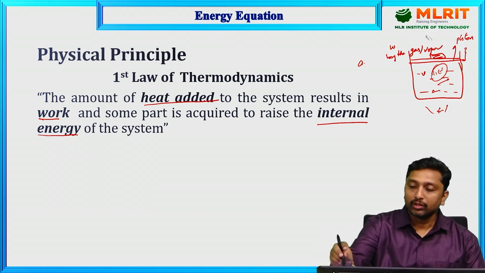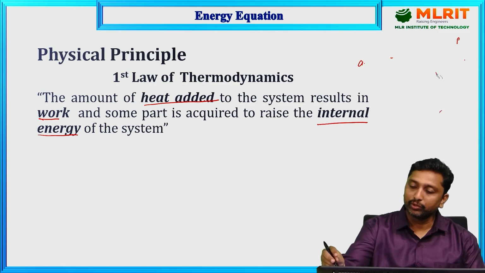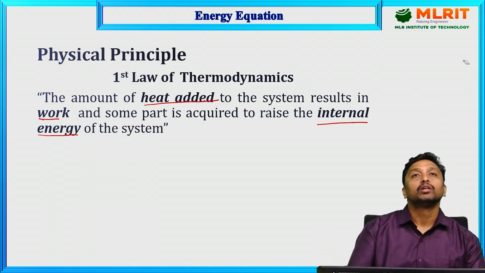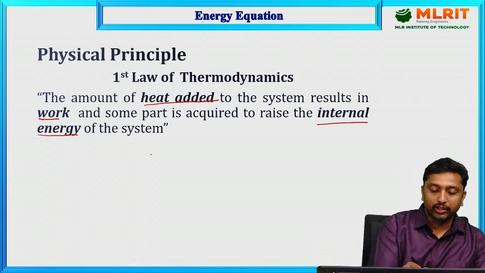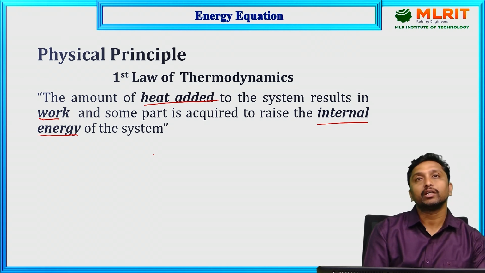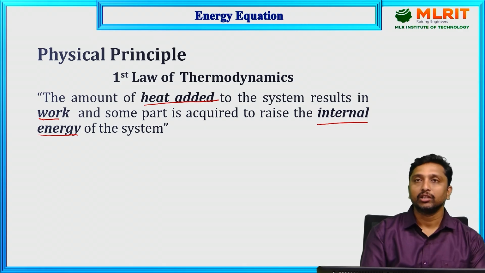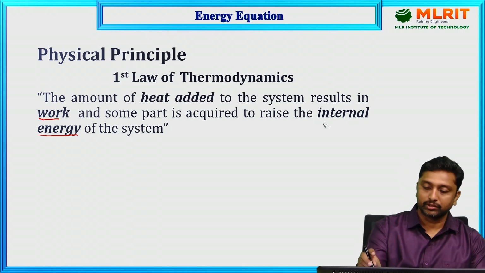So this is a simple analogy of the physical principle we are going to use to develop this equation. You can consider this as: the rate at which heat is added to the system should be equal to the rate at which the internal energy changes plus the rate at which work is done by the gases.